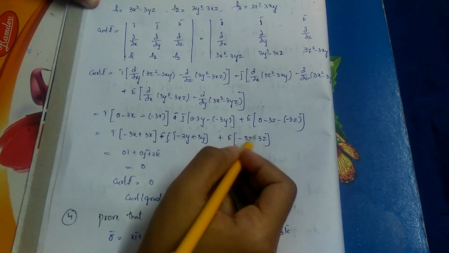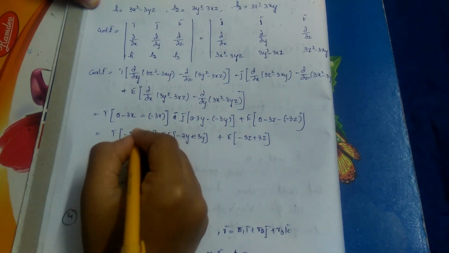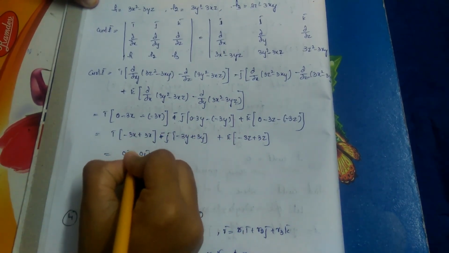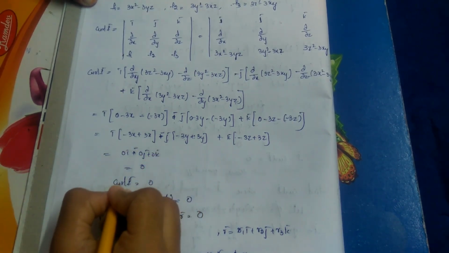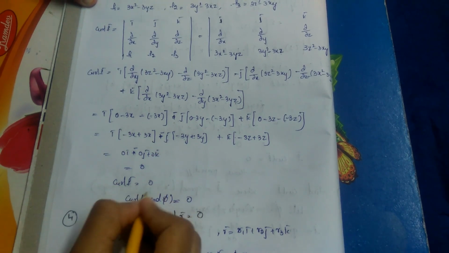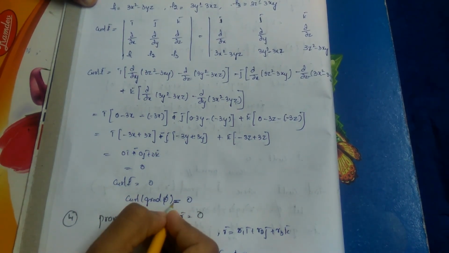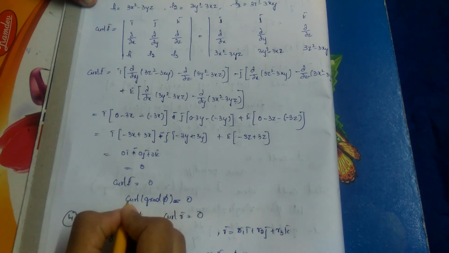So here all terms will get cancelled and we get 0 i bar plus 0 minus 0 j bar plus 0 k bar, that is nothing but 0. So curl f bar we got as 0. Therefore the curl of the gradient of phi is equal to 0. We have seen in the notes also, when the gradient of phi is given and we find the curl of that gradient, we get the answer as 0.